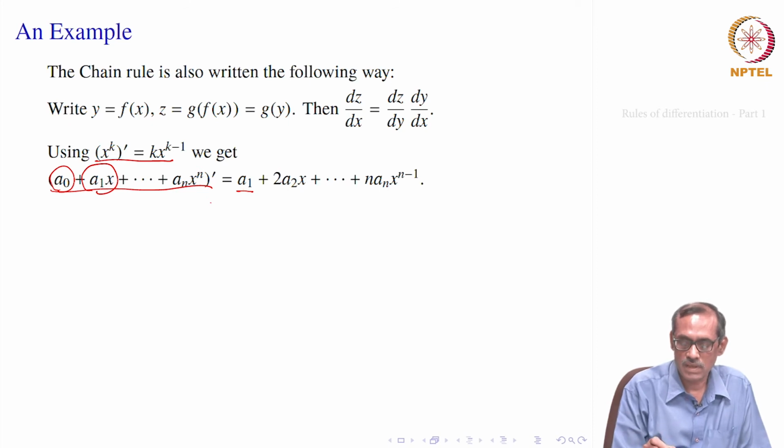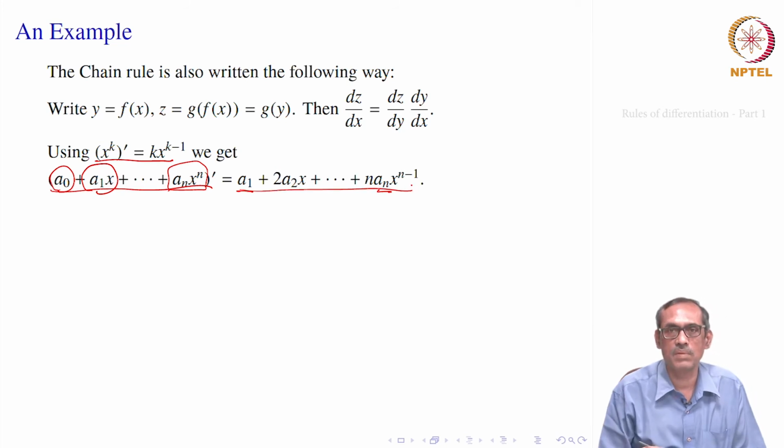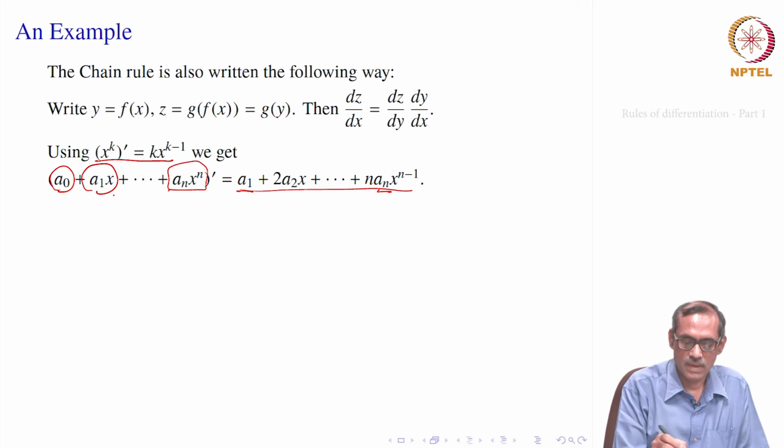Similarly, we proceed, and the last one is an x to the power n, that gives an out, and x to the power n gives n times x to the power n minus 1. So, this is how the polynomial differentiation will be effected. I think that is easy to remember. Just first constant goes away, next constant remains, next 2 times a2, that x square 2 comes here, and so on.